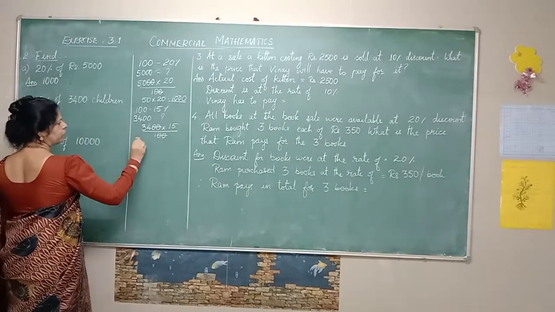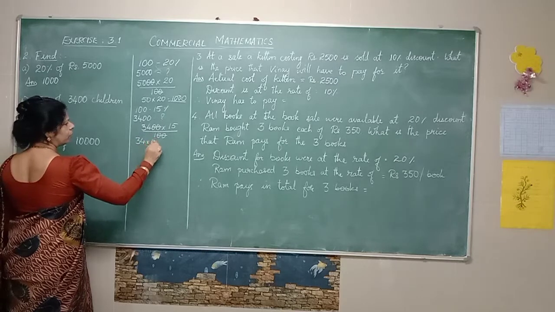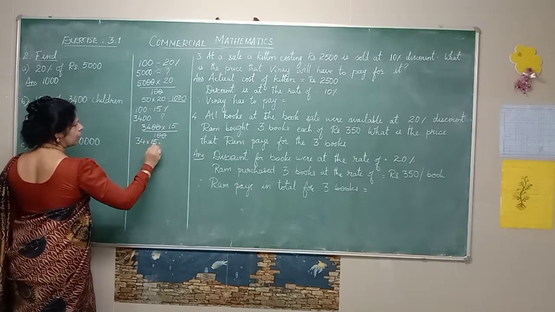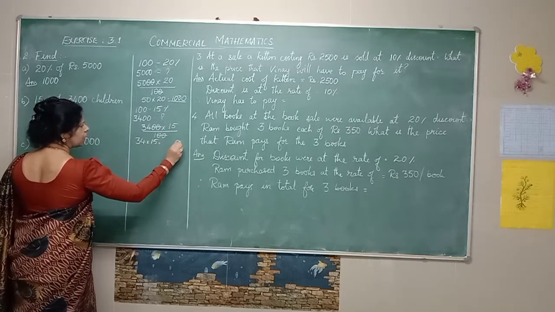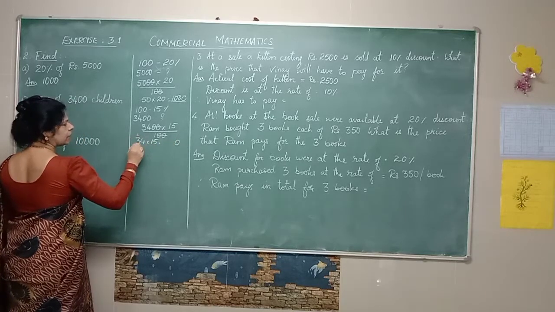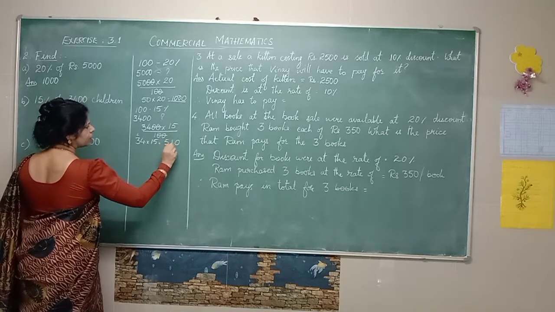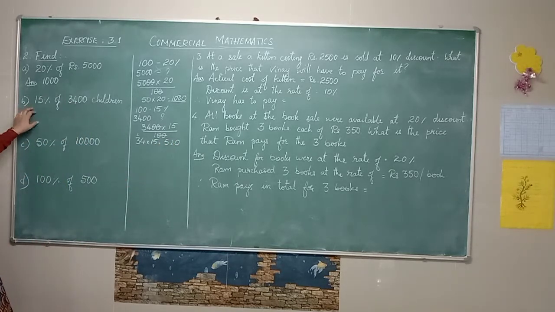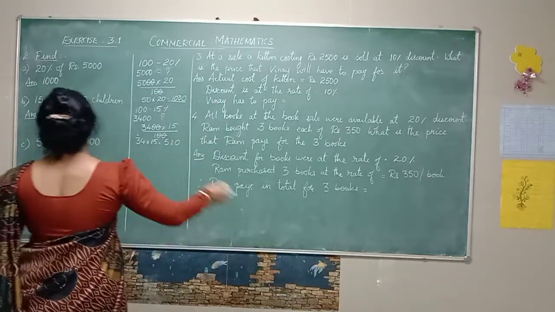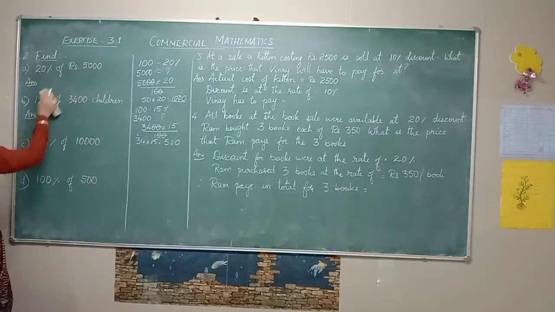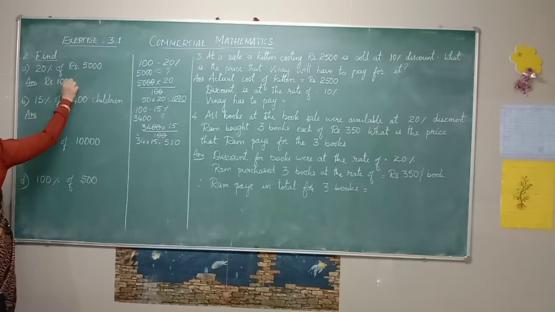So 34 into 15. How much does it become? 15 fours are 60. Carry 6 here. 15 threes are 45, plus 6 is 51. So 15% of 3,400 children is 510 children.